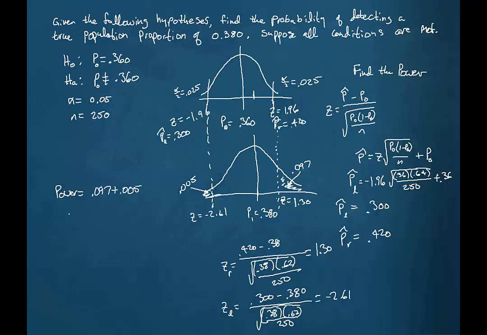And so the power this time turns out to be 0.102. That means then that beta, the probability of committing a type 2 error, would be 1 minus 0.102, which is 0.898.